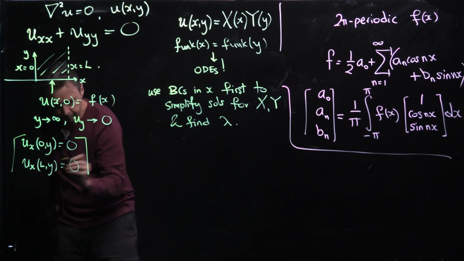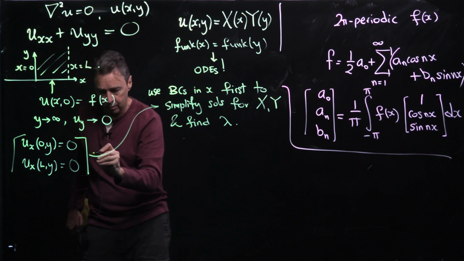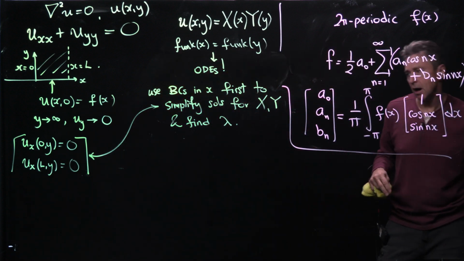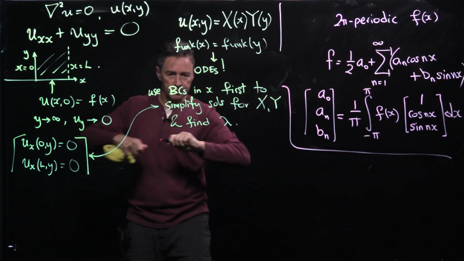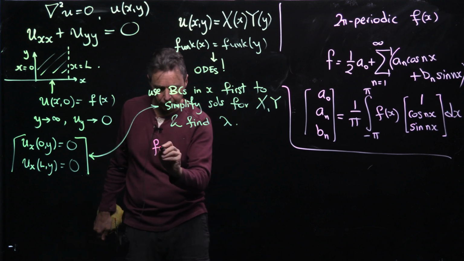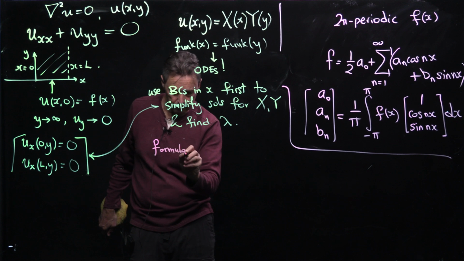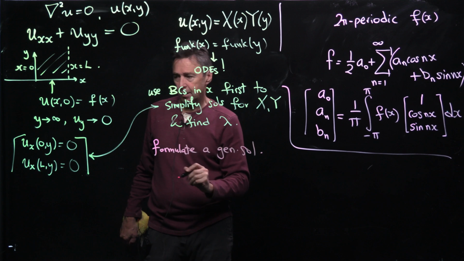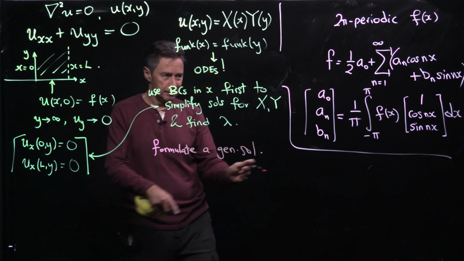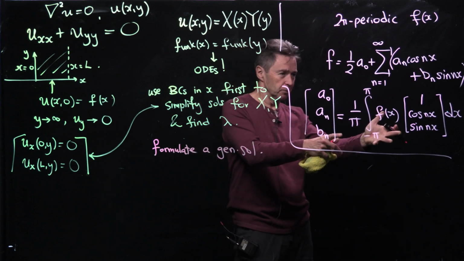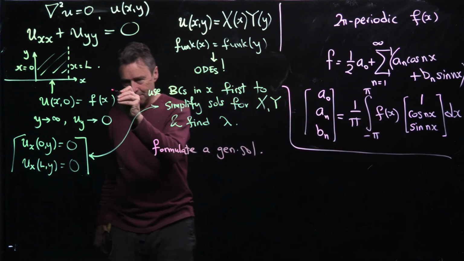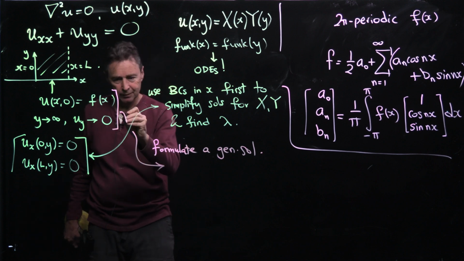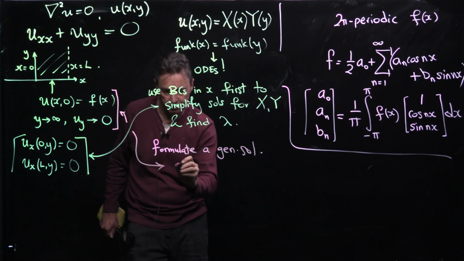These are the simple ones. Having done that, I may say, aha, now hopefully I'm going to get lots of solutions here, so I can formulate a general solution. And with that general solution, hopefully it's going to involve something that looks like a Fourier series. I'm then going to come along and use it to make sure I can satisfy those.